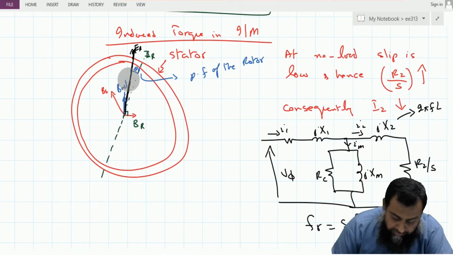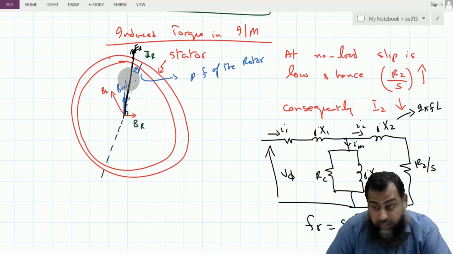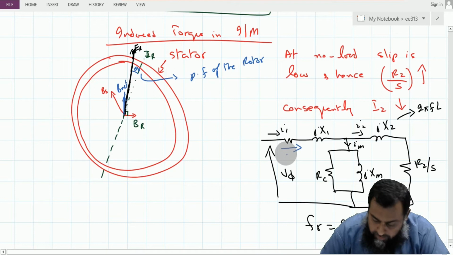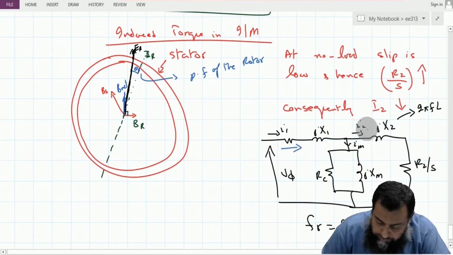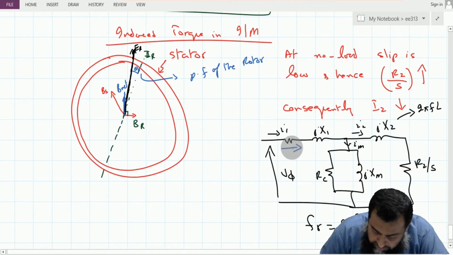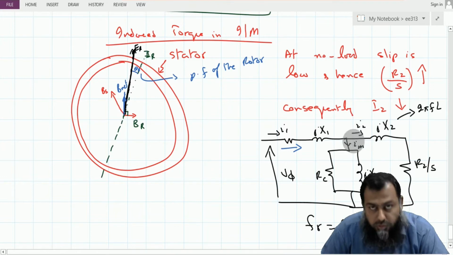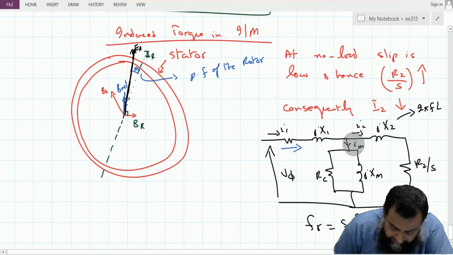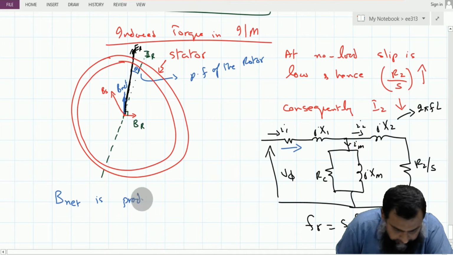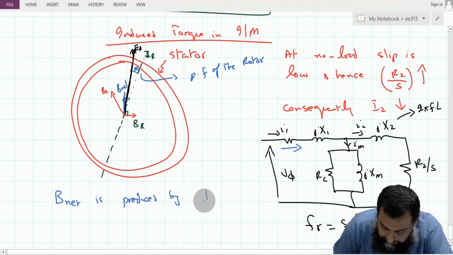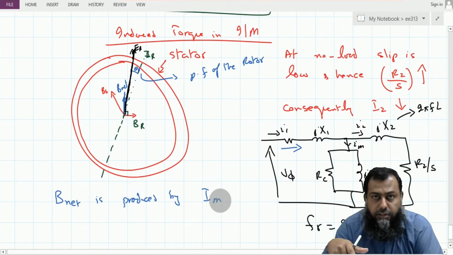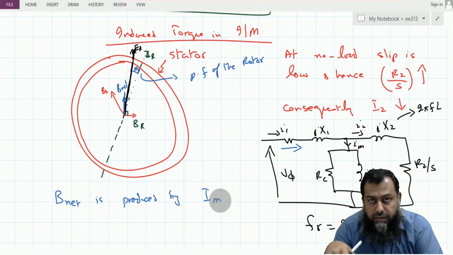The net magnetic field under these circumstances is that we have this I1 which is flowing here. Since this I2 is very low, the majority of the current will flow through the magnetizing branch IM, and therefore we can say that the net magnetic field B net is produced by this current which is actually exciting the motor with respect to the magnetic field in the circuit.